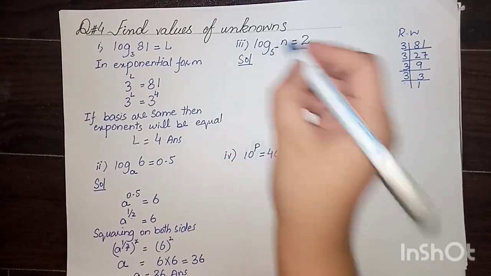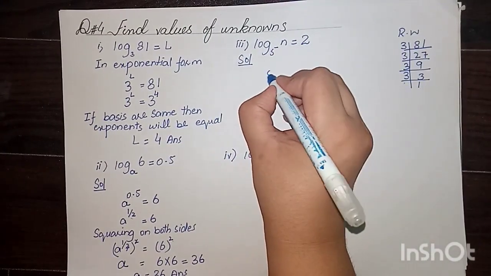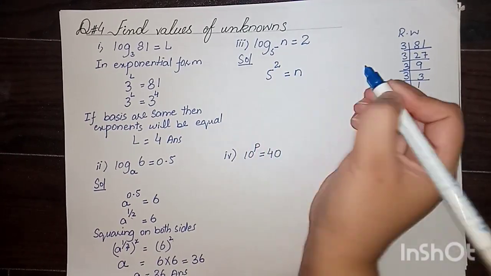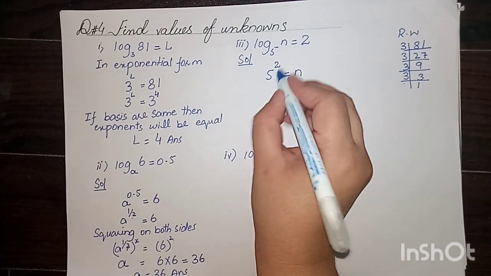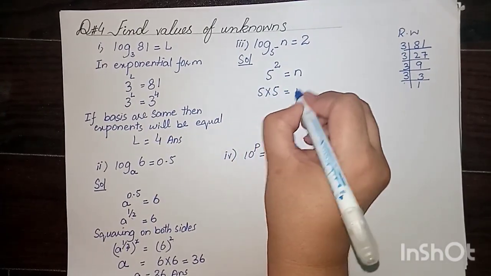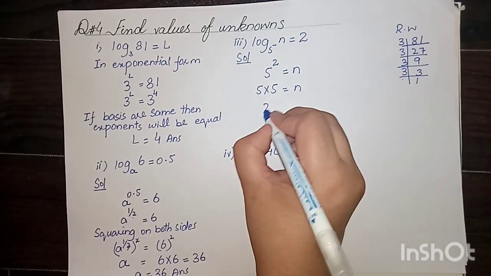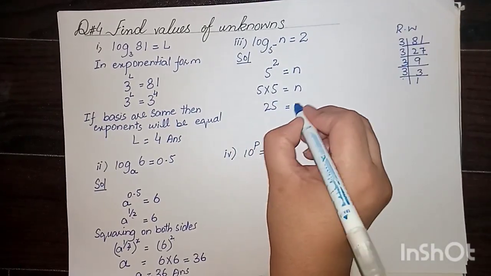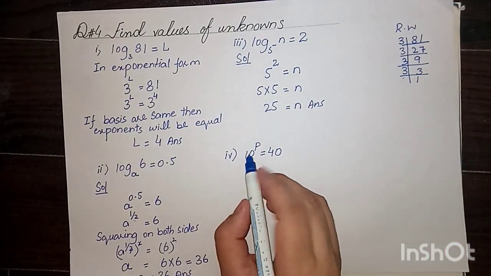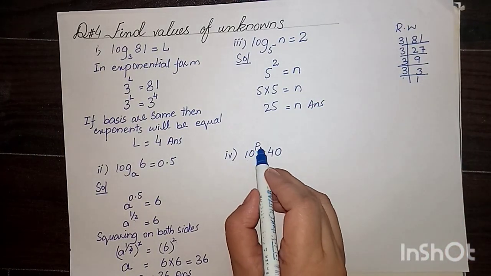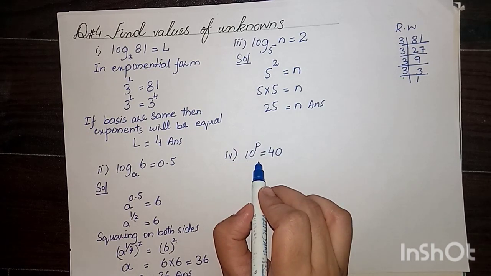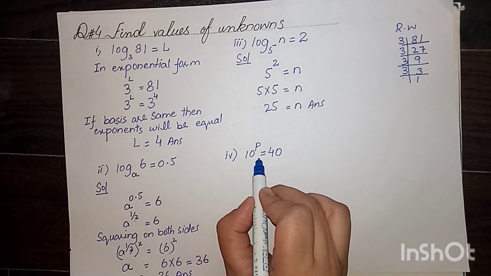Next is part 3. This is 5 to the power 2 is equal to n. So we know that 5 multiplied by 5 is equal to n. So 5 5s are 25, n is equal to 25. This is the answer. Next is 10 to the power of p is equal to 40. This is also in exponential form.